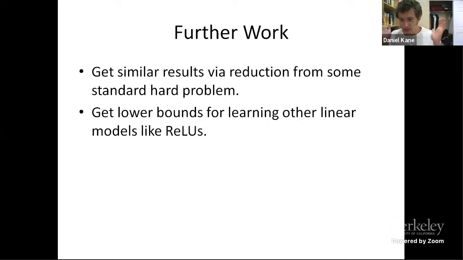I'm not entirely sure what kind of bounds you would want that are better than that. You might hope to show that you can't learn to error better than a half, even with relatively weak Subakov parameters. But I guess we haven't looked into that.